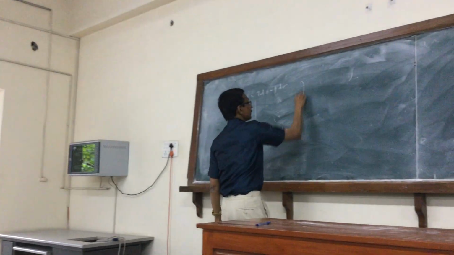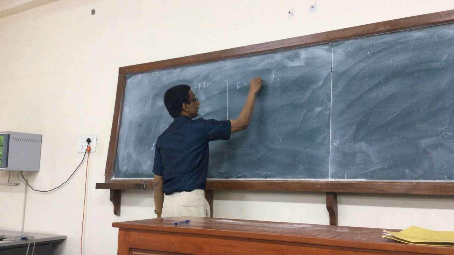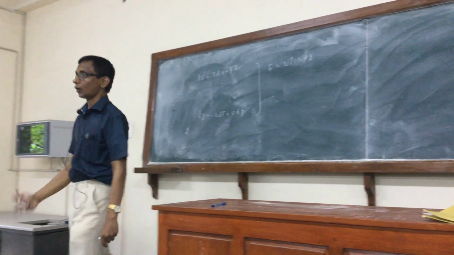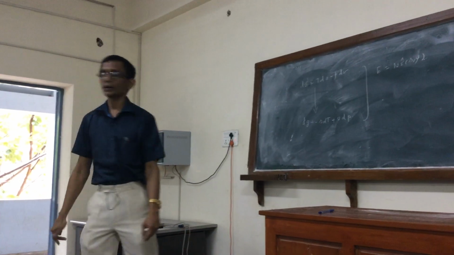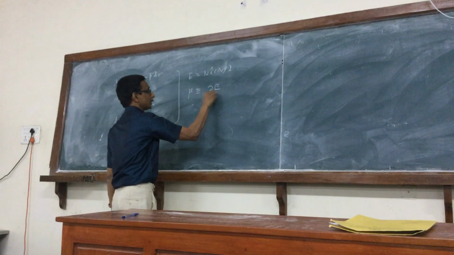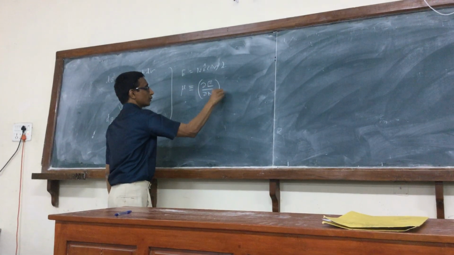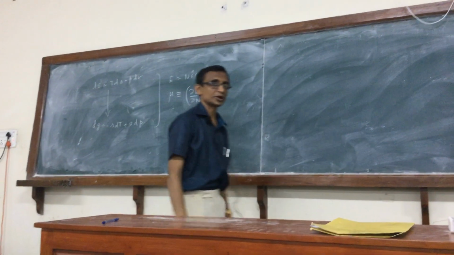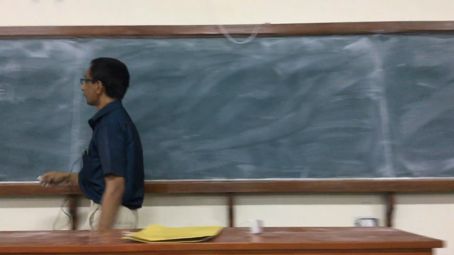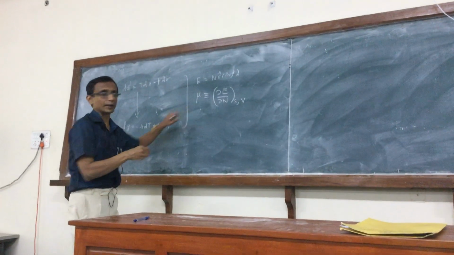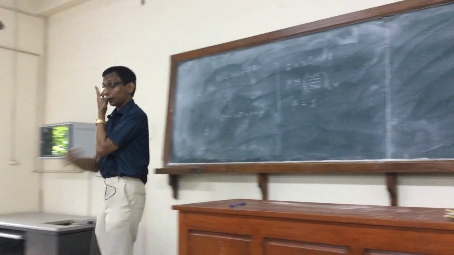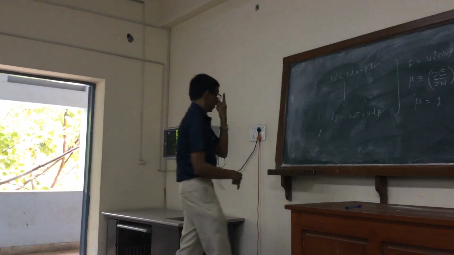Then we consider the homogeneous state of a single component fluid, right? And then we define the chemical potential as dE by dN, expressed as a function of S, V, and N, and then we show that this mu, which is defined here, is actually equal to G, which is already defined earlier.